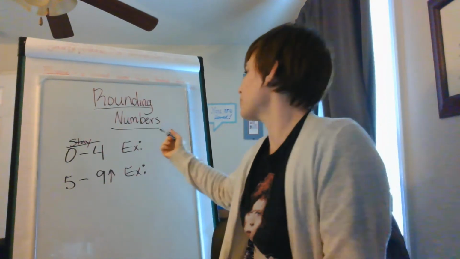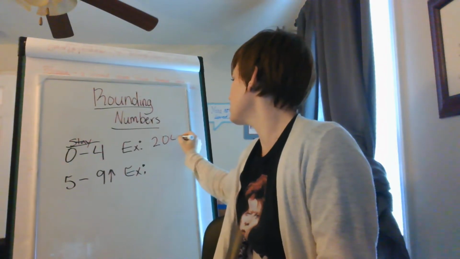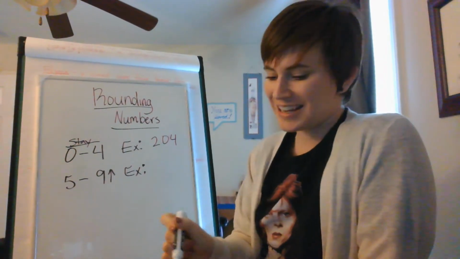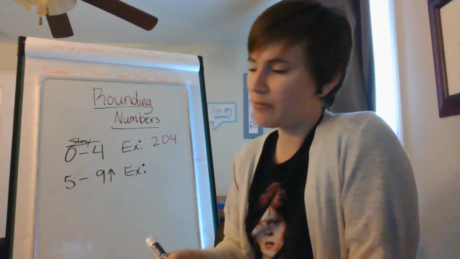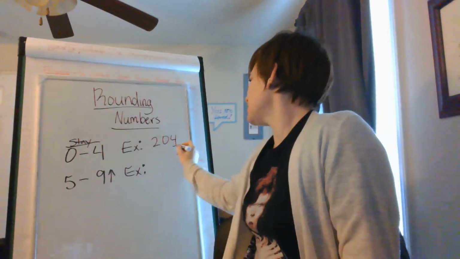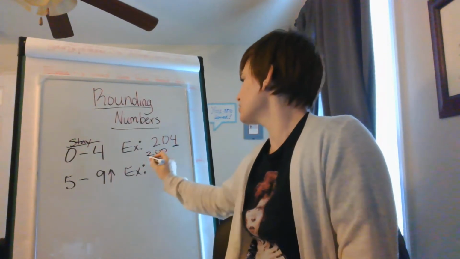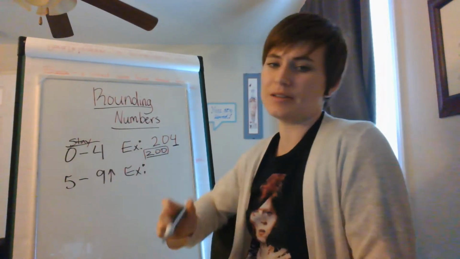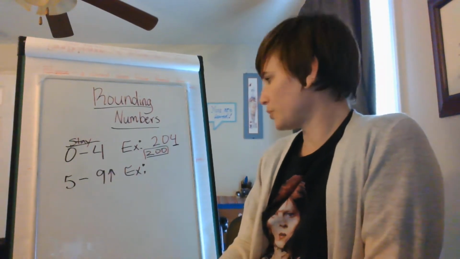So for example, if I said 204 and I say round to the nearest whole number, you end in a 4, your answer is going to be 200. Okay, so that's me rounding to the nearest whole number.